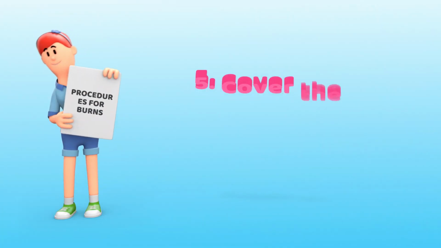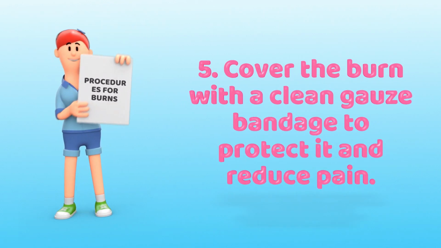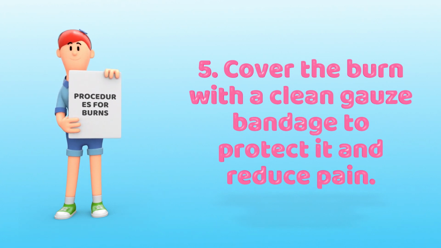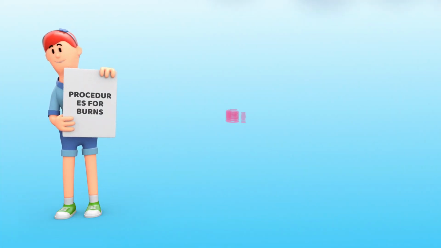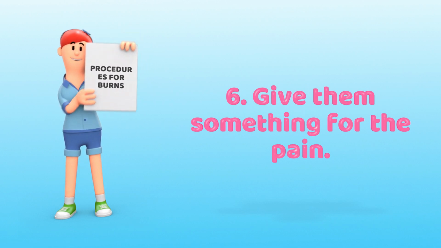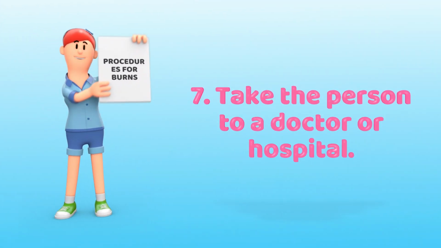Number 5, cover the burn with a clean gauze bandage to protect it and reduce pain. Number 6, give them something for the pain. Number 7, take the person to a doctor or hospital.